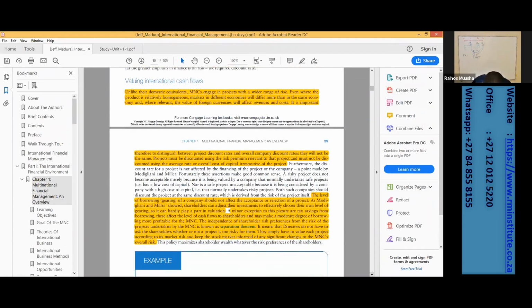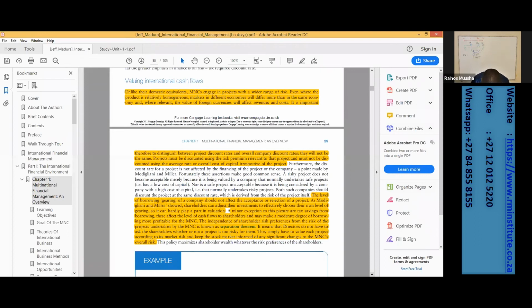And when you look at valuing international cash flows, they say, unlike their domestic equivalents, multinational corporations engage in projects with a wider range of risk. So even where the product is relatively homogeneous, which is basically the same, markets in different economies will differ more than in the same economy, and where relevant, the value of the foreign currencies often will affect revenues and costs.